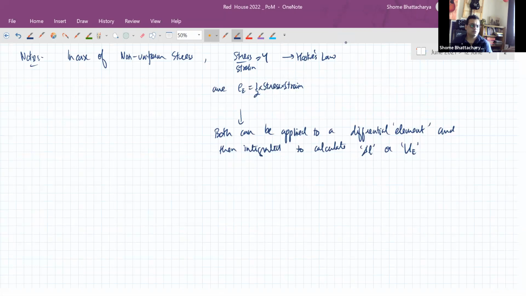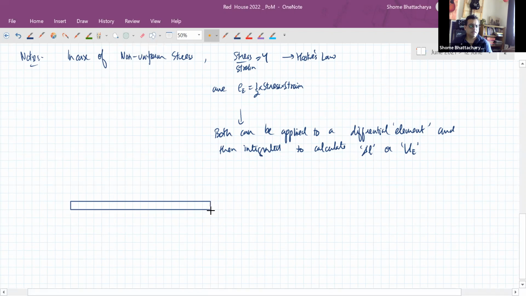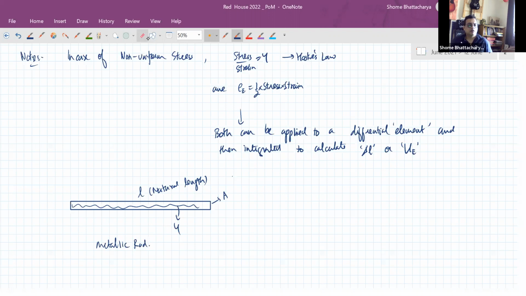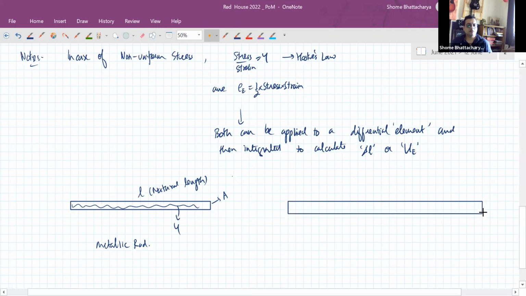So for example, if we have a situation where once again we have that standard metallic rod of given natural length and given area of cross section, made of material of Young's modulus Y. Now suppose we subject this to a condition where it is made to rotate about a fixed axis perpendicular to its length and passing through one of its ends.